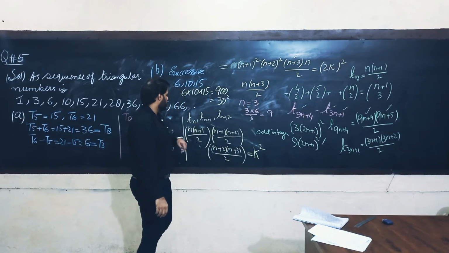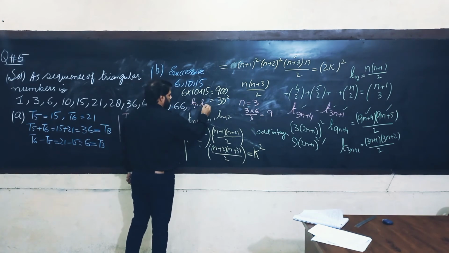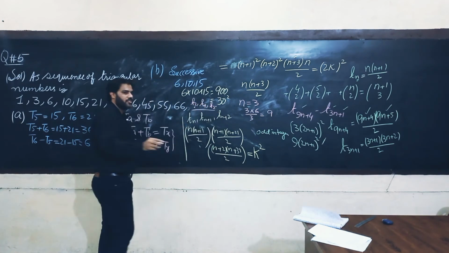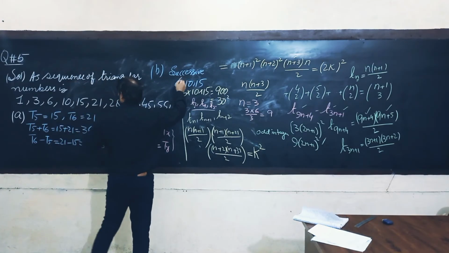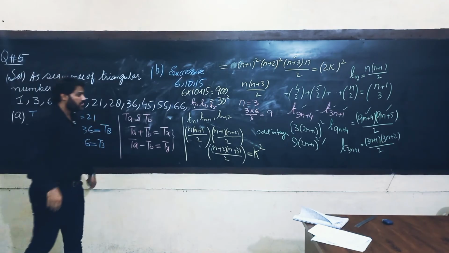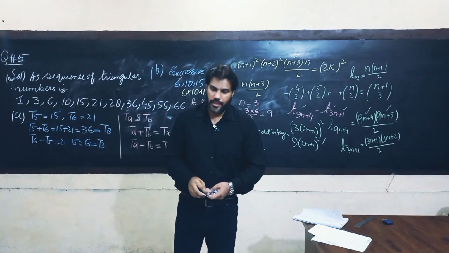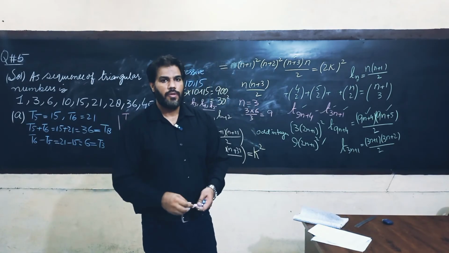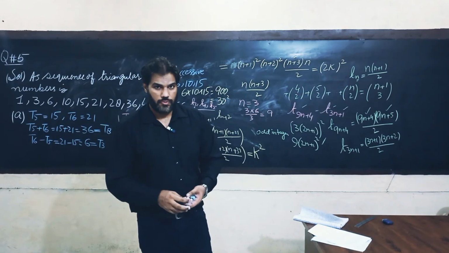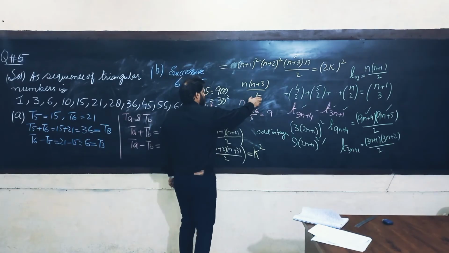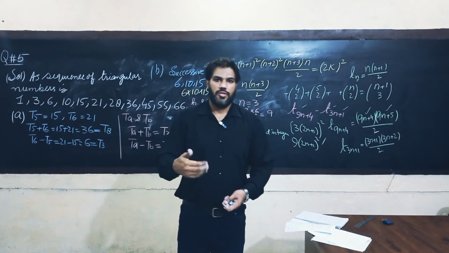For n equal to 3, your numbers are T3, T4, T5, the third, fourth, and fifth numbers. Similarly, you can put other values of n and find for which value of n the result is a perfect square. It just depends on this factor. So in this sense, I said that this question is a research based question.